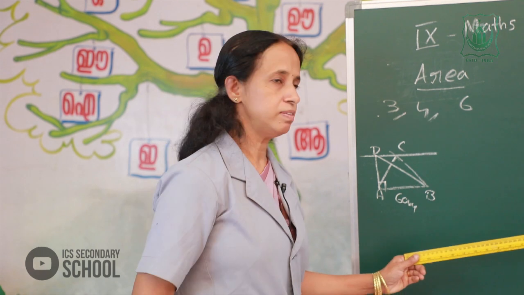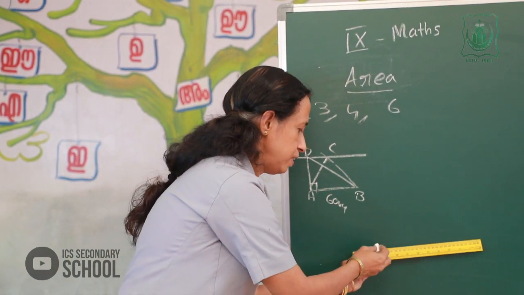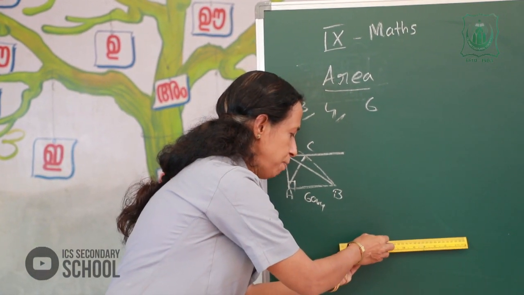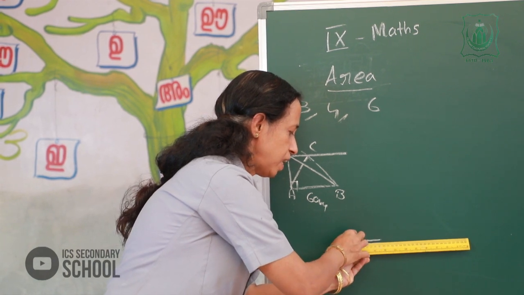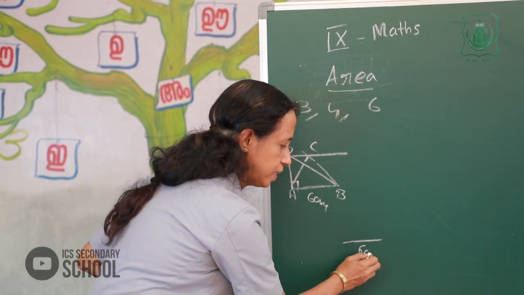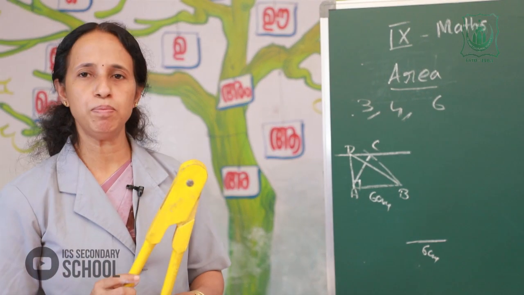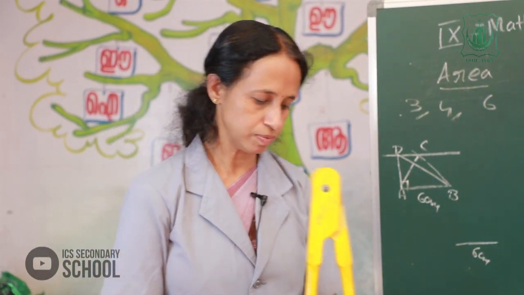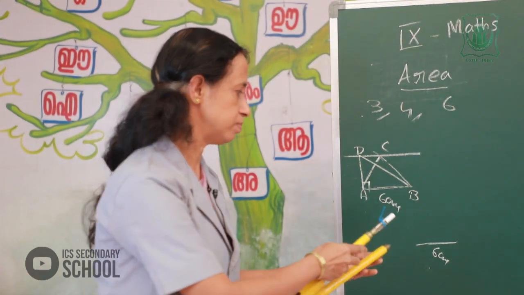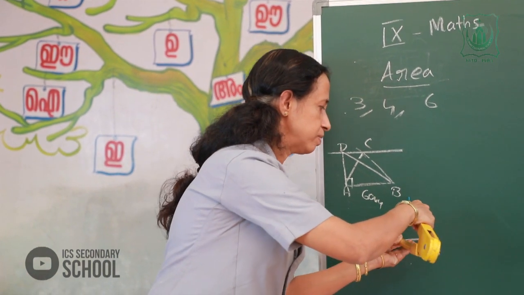Draw a triangle with the same measures. The base of the triangle is equal to 6 centimeters. Measure 4 centimeters on the scale and draw an arc.